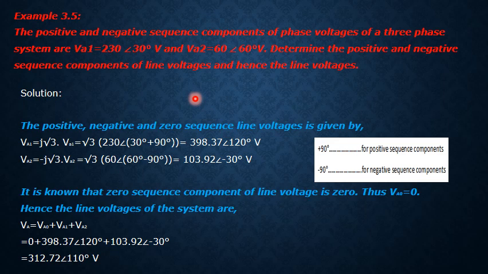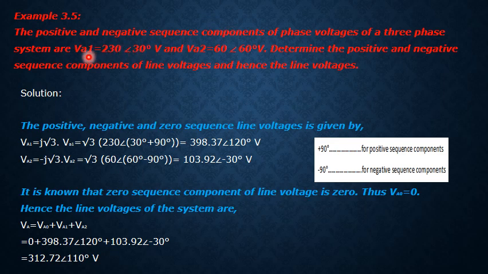After knowing the relation between line voltage and phase voltage for positive sequence component, negative sequence component, and zero sequence component, now let us solve some problems related to those relations. The problem statement is like this: the positive and negative sequence components of phase voltages of a three phase system are given.